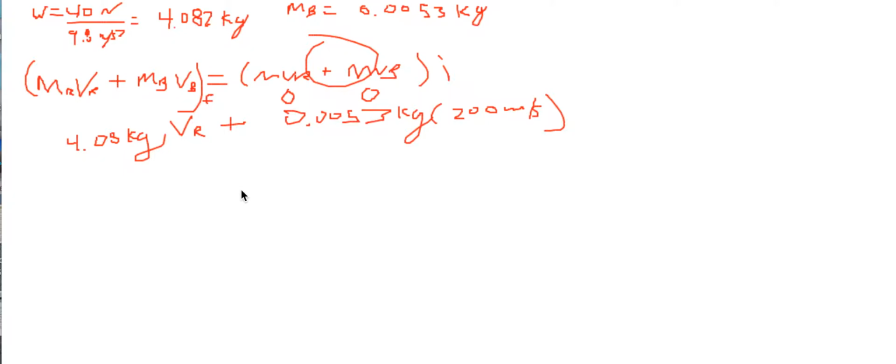So 200 meters per second times 0.0053 kilograms gives us a value of 1.06 for our MV. And we can subtract that over, so we get negative 1.06 divided by 4.08 equals the velocity of our rifle.